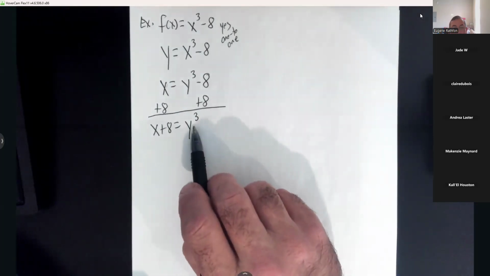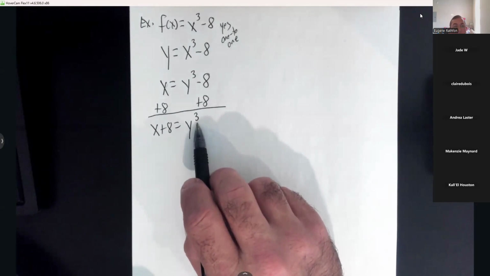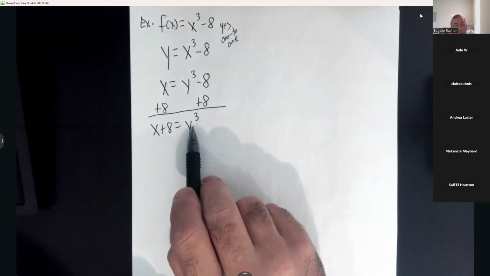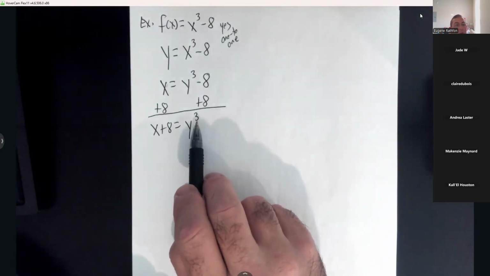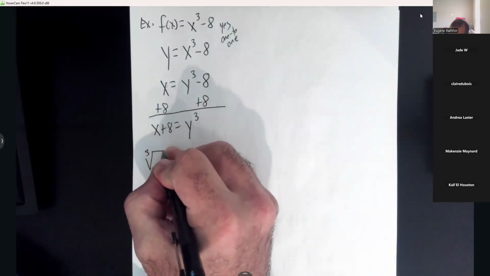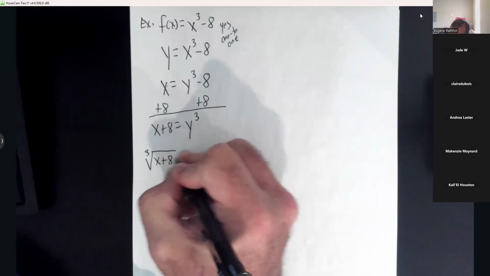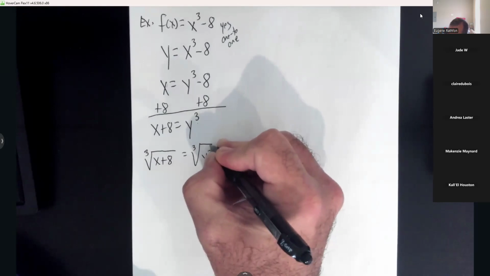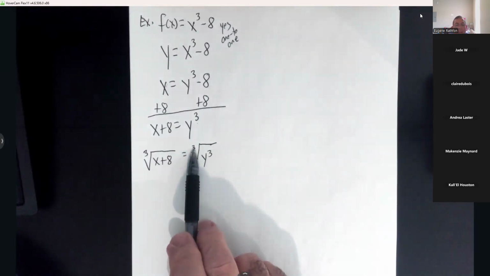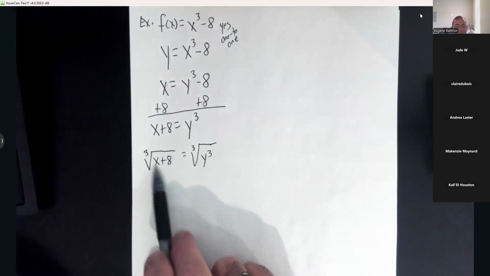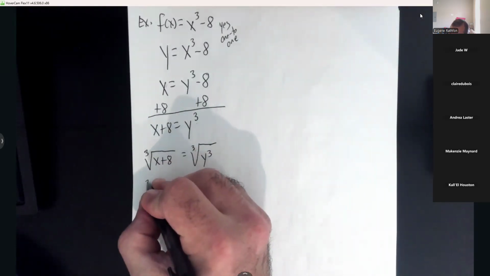Now, the way you undo exponents is like when we undid the x squareds, we use square roots. If you want to undo a y cubed, you do a cube root to both sides. So you're going to come in and cube root x plus 8. That's going to equal the cube root of y to the third. So radicals and exponents always undo each other. So y'all over here, I can't do nothing.